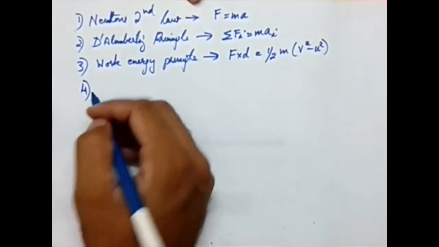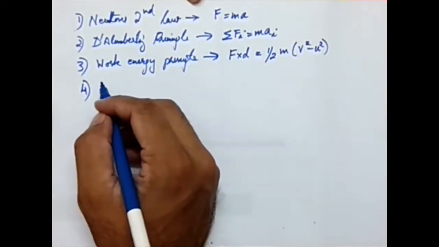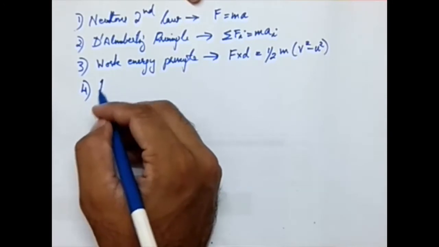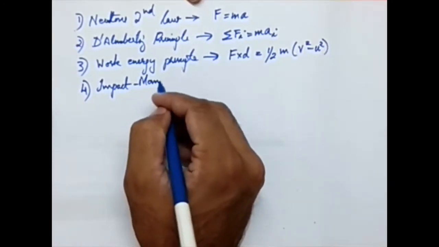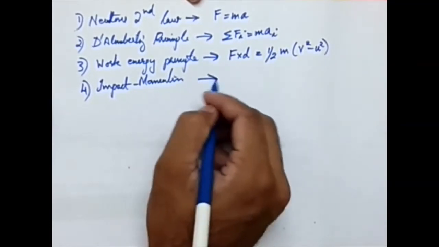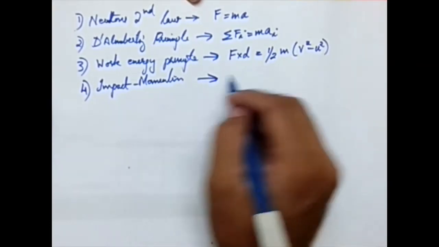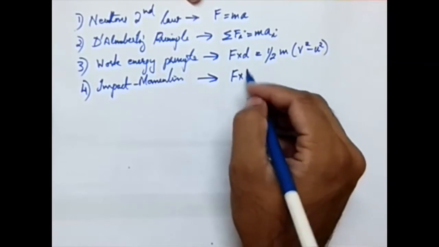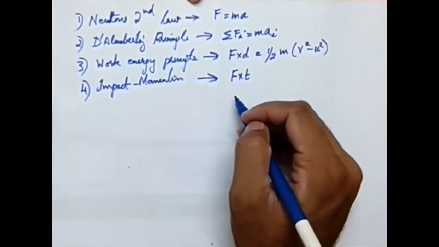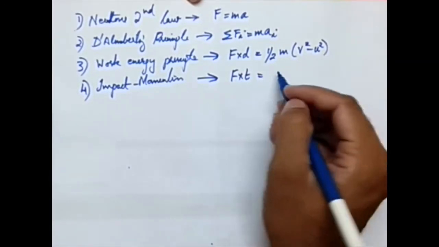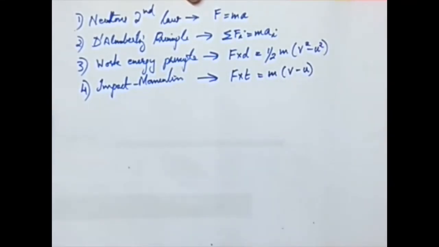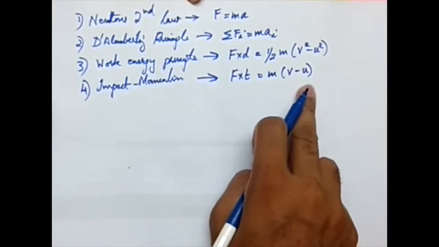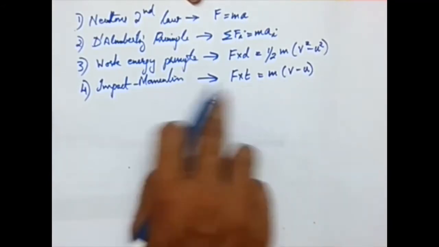Then we have the impact momentum principle, which talks about the concept of force times time, or the duration, is equal to the change in momentum. Final momentum minus initial momentum will give impact.